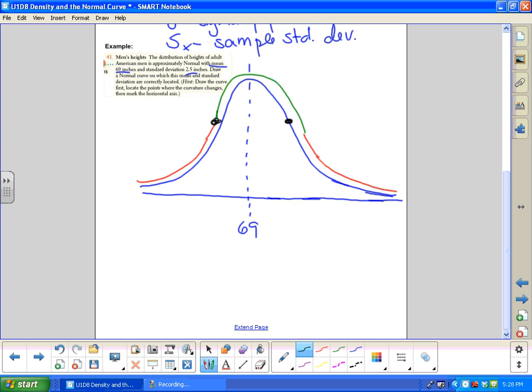I don't think it's very perfect, but it'll be okay. And then these points right here on my curve tell me where one standard deviation is away from the mean. So this black mark that I just made is going to be the mean, which is 69, plus one standard deviation, which is 2.5, so that's going to be 71.5. And then this over here is going to be my mean minus one standard deviation.